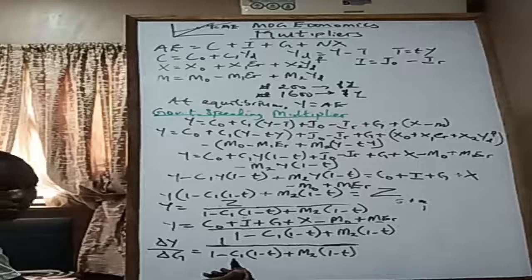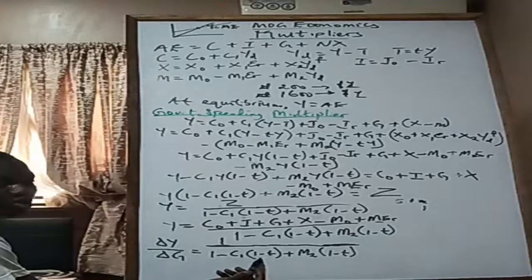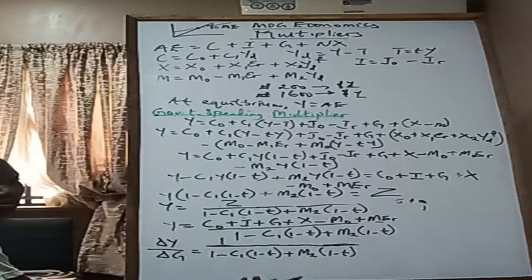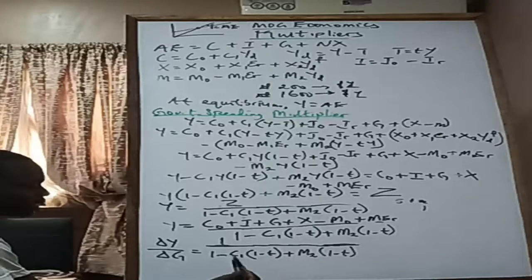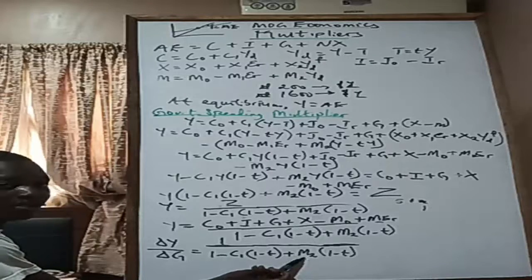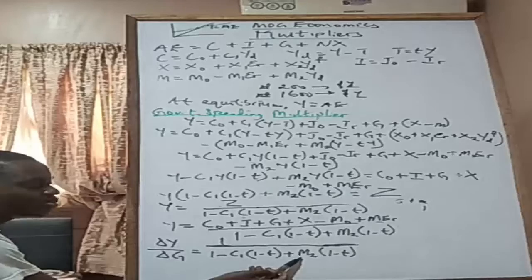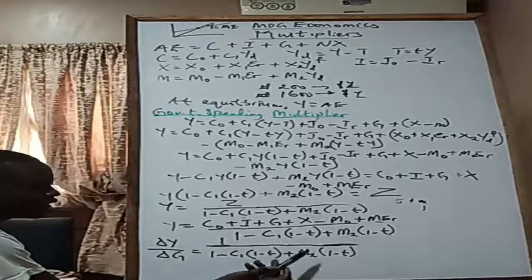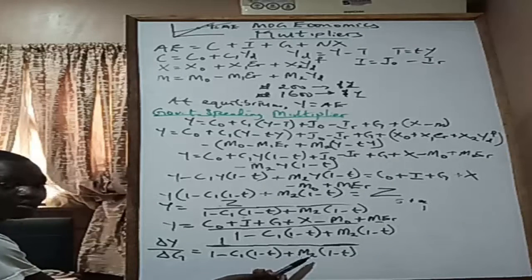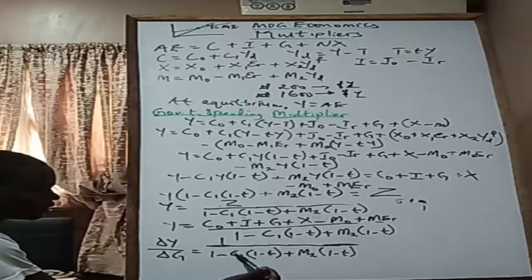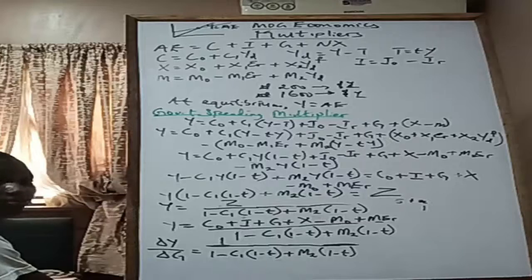It's never equal to 1, right? And your tax rate is not going to be 1. Your tax rate is definitely going to be less than 1, maybe a 40% tax rate, whatever. Then this is the marginal propensity to import, which we also expect to be between 0 and 1. Are we following? But then C1 can be like 0.65, right?